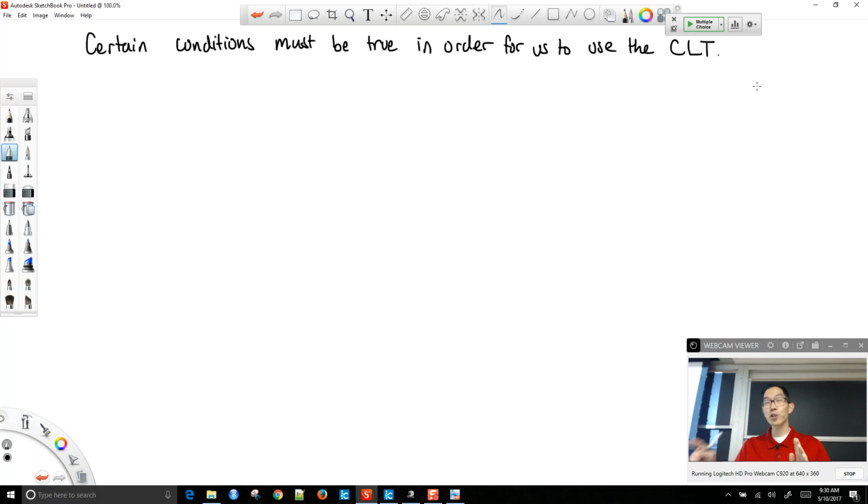Just because you're looking for a sampling distribution of p hat doesn't necessarily mean that the central limit theorem works. There are 3 conditions we must check. Otherwise, we cannot approximate p hat using the normal distribution.